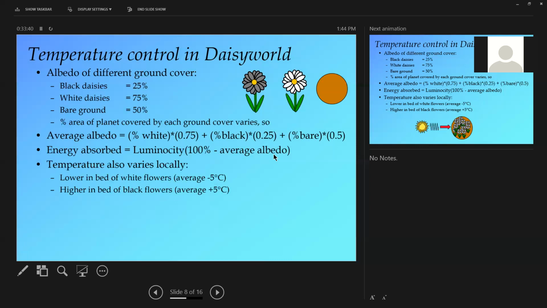Now, the temperature of this planet is going to vary, as one might expect, locally. You guys have all experienced this in your life. If you walk onto a part of a parking lot which is black asphalt, how does the temperature of that area compare with an adjacent area that is maybe white cement?